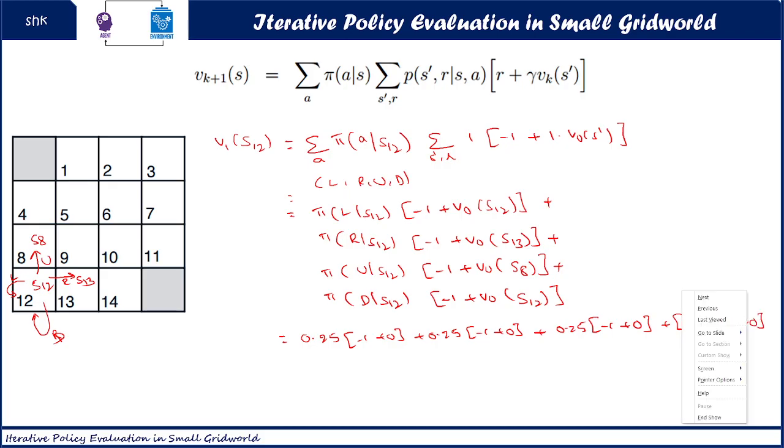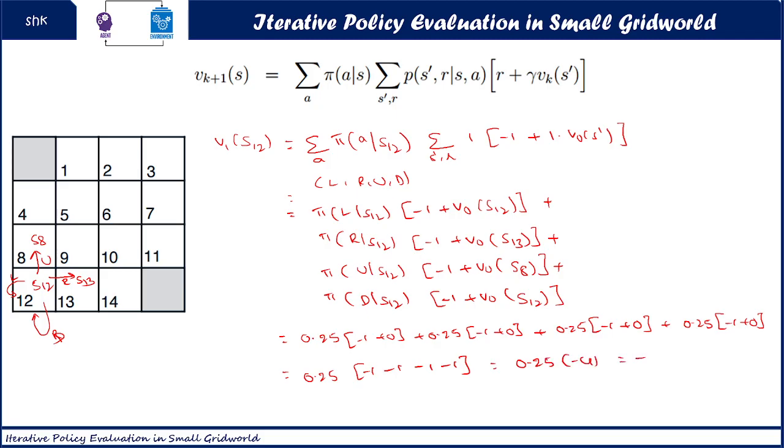Now here we will take 0.25 as common. Then we can rewrite the expression as 0.25 into minus 1, minus 1, minus 1, minus 1, which will give 0.25 into minus 4, which is equivalent to minus 1.